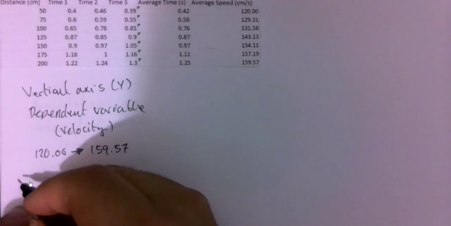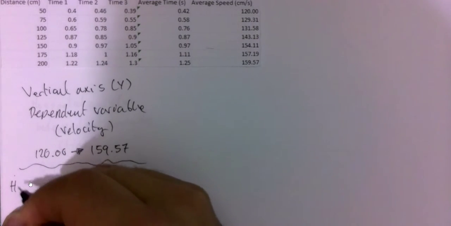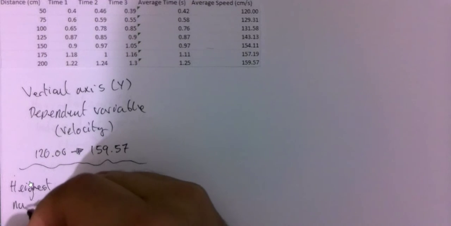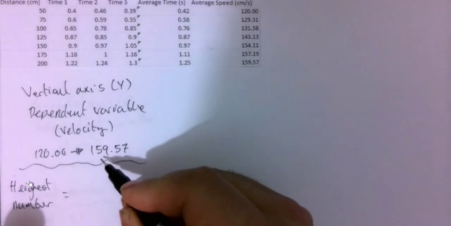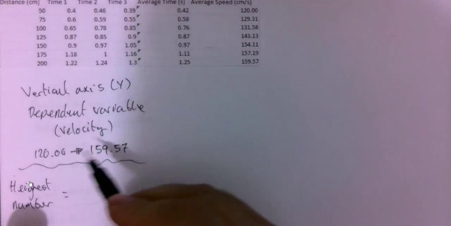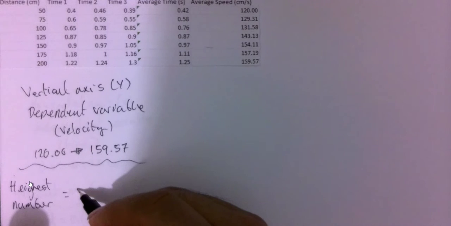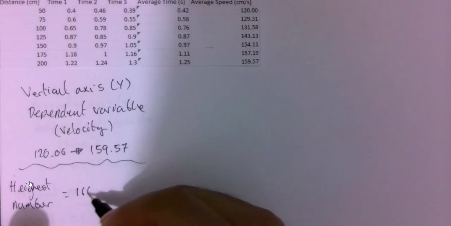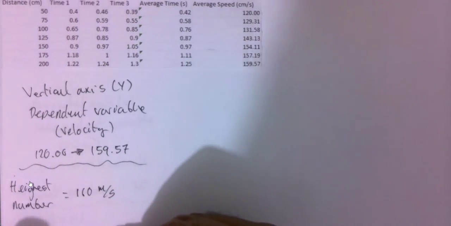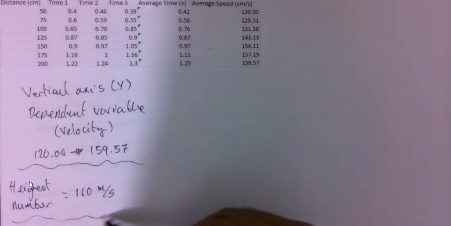So we can see that our highest number is going to be something close to that. So we're just going to round it up to the next 10. You don't want to round down, you want to round upwards to the next 10. So we got 160 meters per second. We're going to round it up to our highest number.